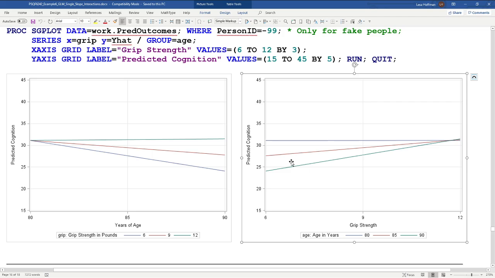And so in this case, the red line is given by the model as the simple main effect of grip when age is 85, and this plot is showing that as age increases, the effect of grip becomes more positive. So grip strength matters more in the 90-year-olds than it does in the 80-year-olds. And the estimate statements and lincoms that we used to get the simple slopes would give us p-values that correspond to each of these particular slopes.